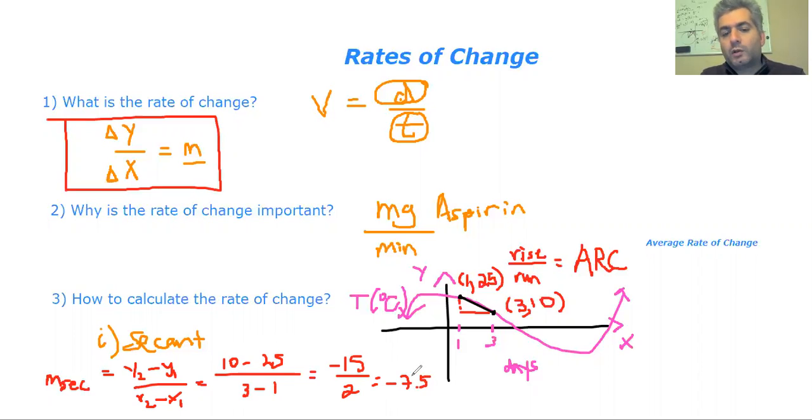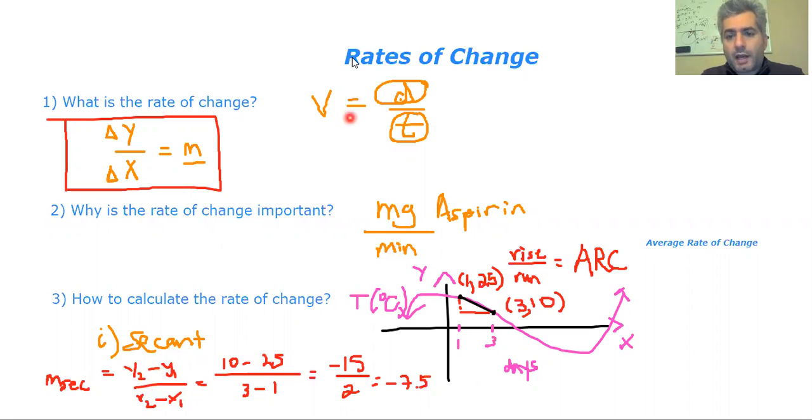And you look at the units based on what is in the numerator over what is in the denominator. So in the numerator we have our y-coordinates, which represent temperature, degrees Celsius. And in the denominator, it's our x-coordinate, which represents days.